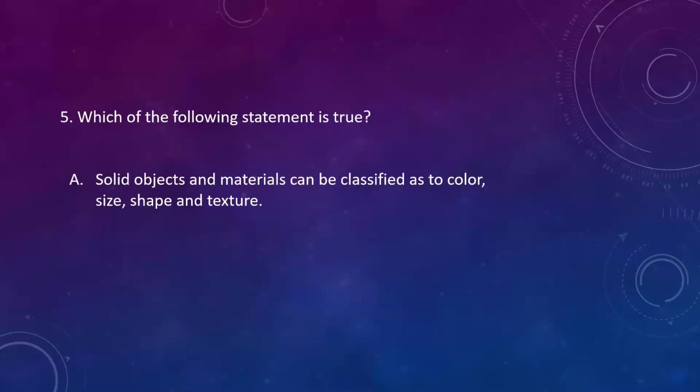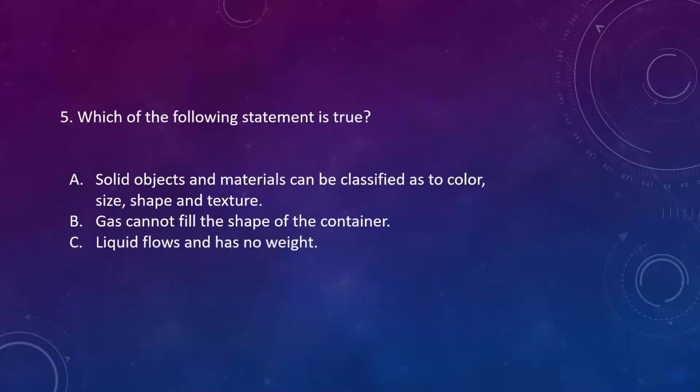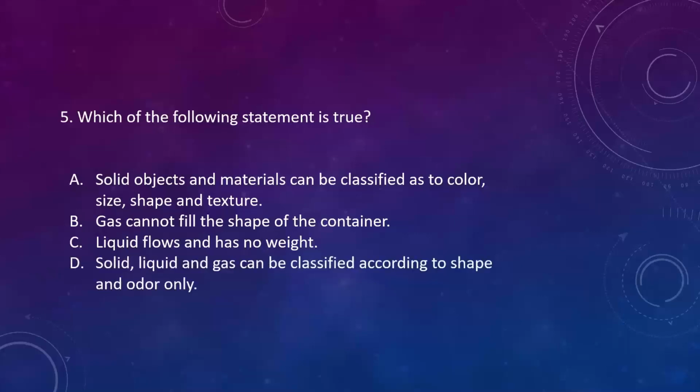Number 5. Which of the following statement is true? A. Solid objects and materials can be classified as to color, size, shape, and texture. B. Gas cannot fill the shape of the container. C. Liquid flows and has no weight. D. Solid, liquid, and gas can be classified according to shape and odor only.